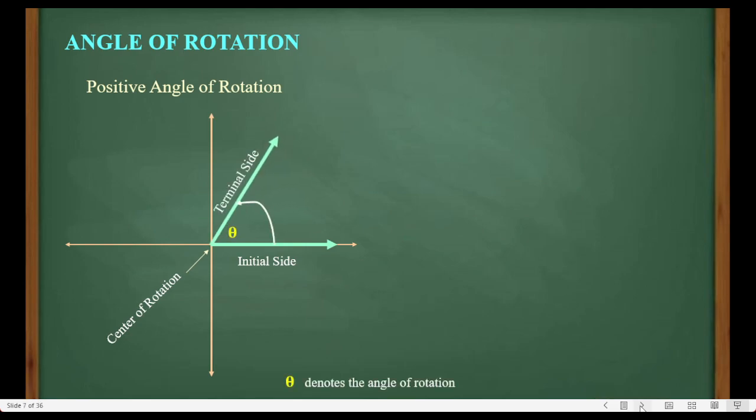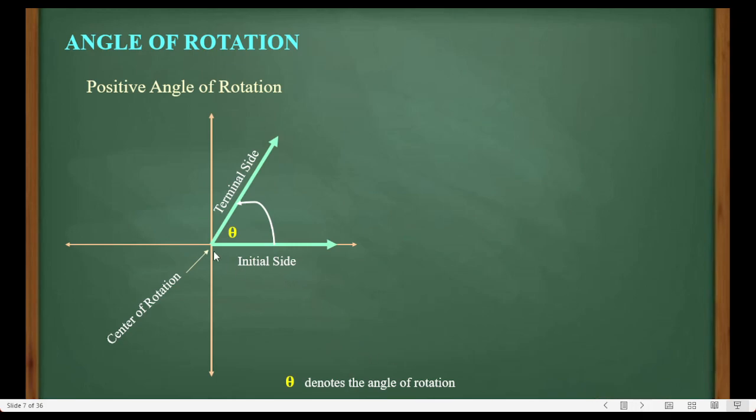And as we all know, the rotation is in counterclockwise manner. And from the initial side, it terminates at this position. And this ray is what we call the terminal side. And theta, which is the Greek letter, denotes the angle of rotation.